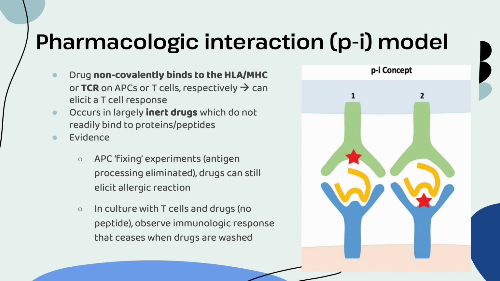Whereas the hapten-prohapten model relied on some sort of processing, in this case you can still have a drug elicit an allergic reaction without any antigen processing, which means it's not being ingested by the cell, it's modifying the receptor externally.